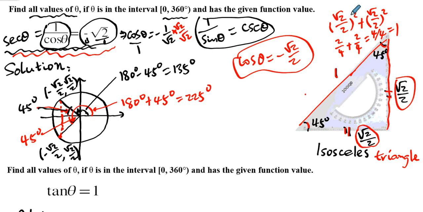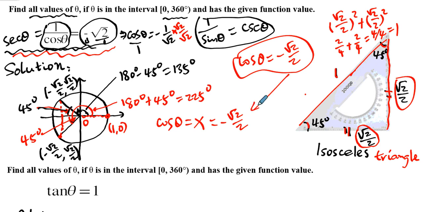So, in the unit circle, the radius is 1, and the point 0, 0 is the origin. Cosine theta is defined as the x value. In our case, the x value is negative radical 2 over 2.